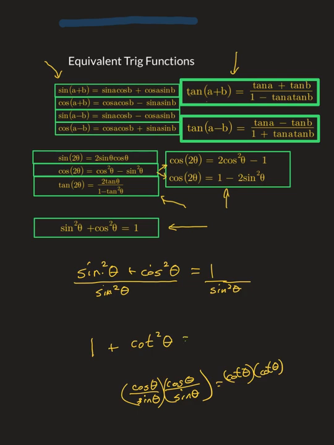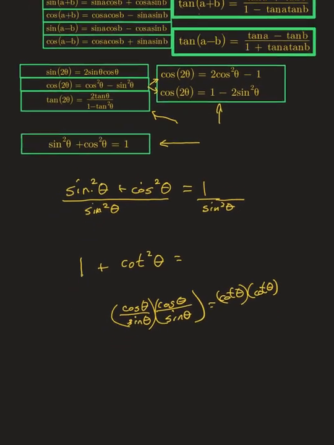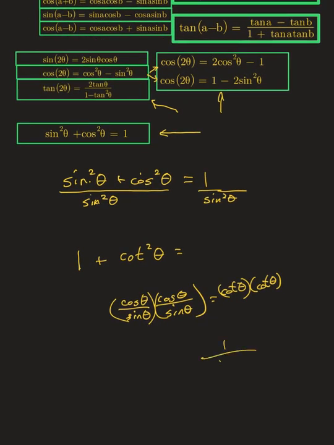Okay? And that equals 1 over sine squared theta. So we can say 1 over sine theta times 1 over sine theta, which is sine squared. Well, 1 over sine theta is cosecant theta, and 1 over sine theta again is cosecant theta, so this is just cosecant squared of theta.